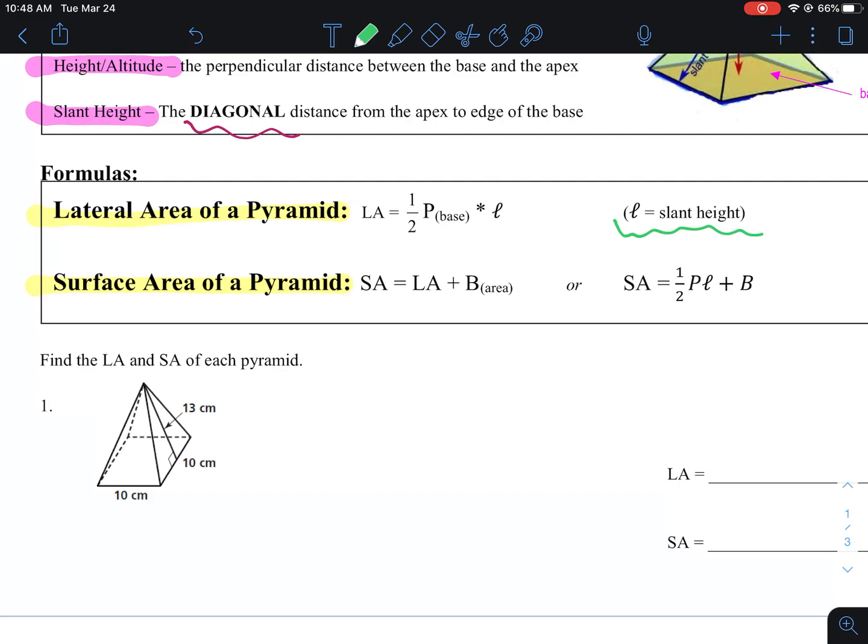Slant height is going to be represented by this little cursive L. Okay. And then surface area of a pyramid is just that lateral area plus the area of the base. Or in other words, if you would take this whole thing for a lateral area, that's what this is right here. So that's just another way of saying the exact same thing, right? Lateral area plus the area of the base. Remember that capital B means area of the base.